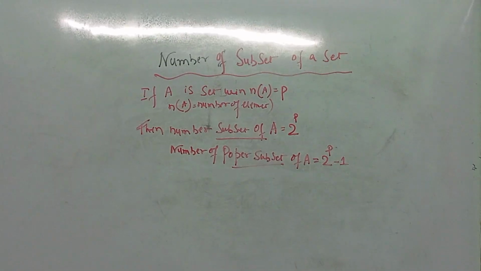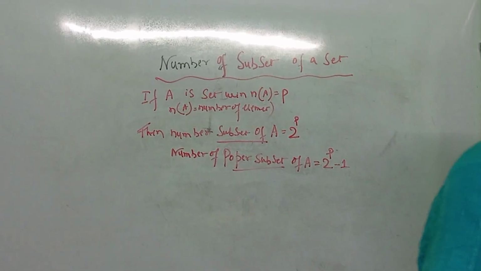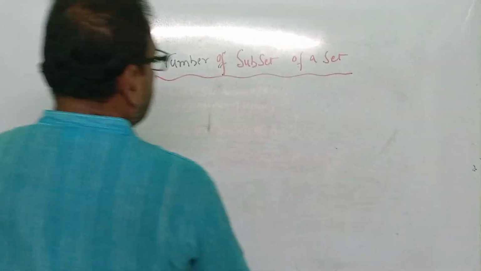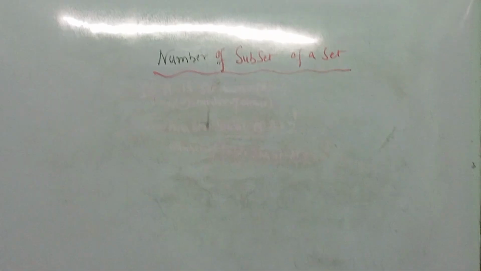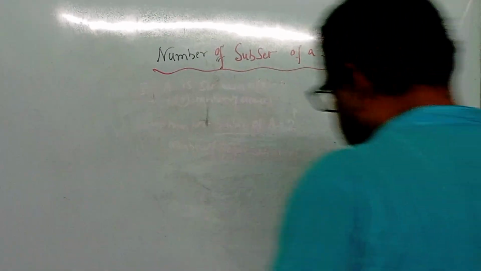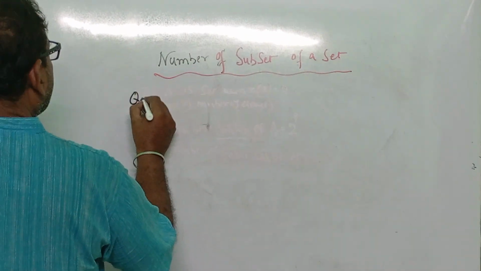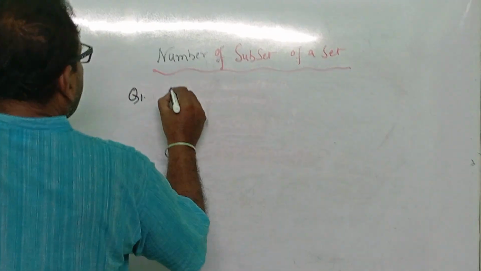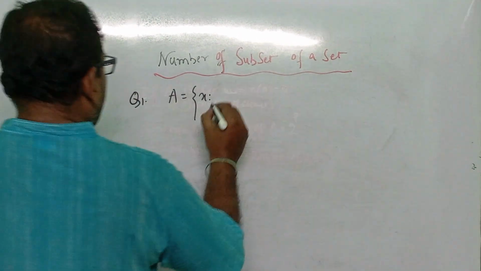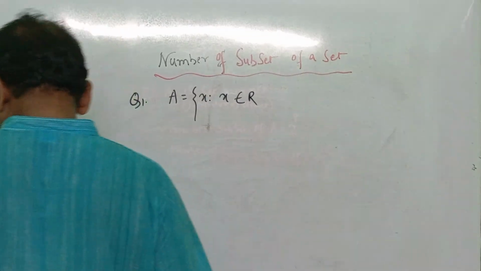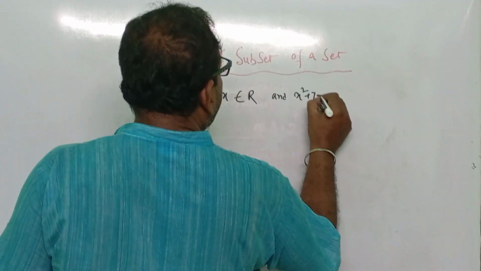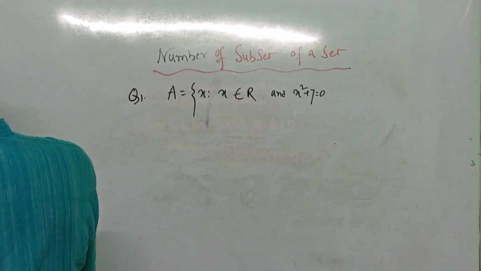Now what question have they given? A is a set, X is an element, where X belongs to R and X square plus 7 is equal to 0.